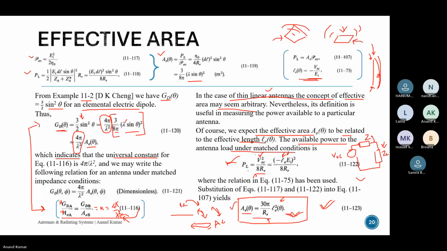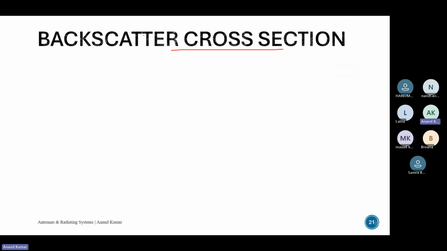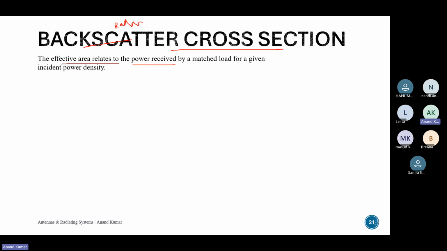We'll now start with backscatter cross section, also known as radar cross section. So the effective area, which we saw in the previous slides, relates the power received by the matched load for a given incident power density.